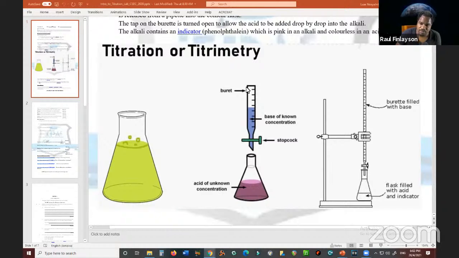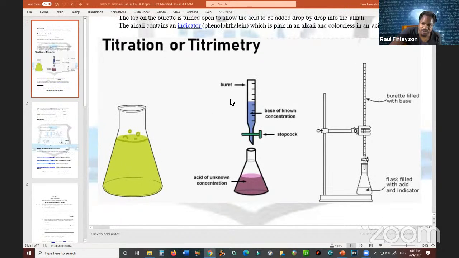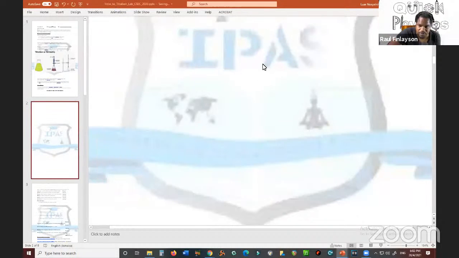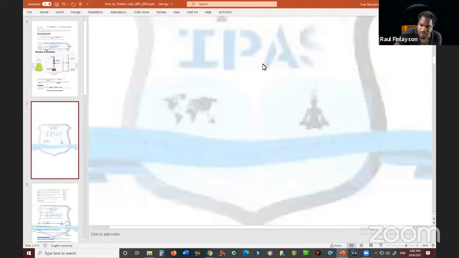Let me just emphasize this here. When you're dealing with acids and bases, 9 out of 10 times, you would be required to know the concentration of that substance you're using.